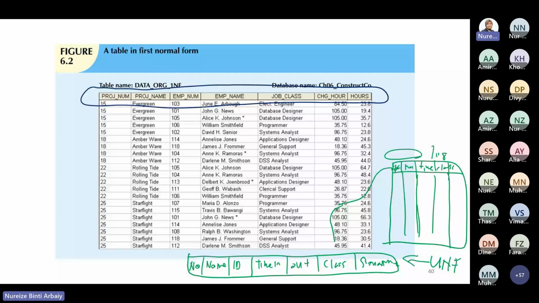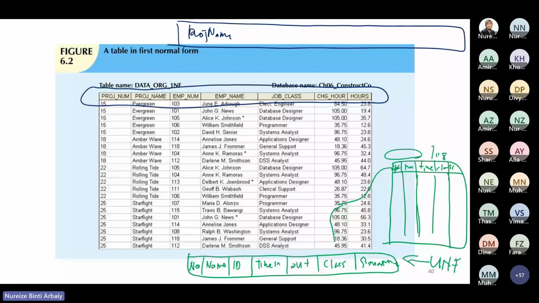So now we extract it into a database: project number, project name, employee number, employee name, job class, charge hour and hours. Sorry for my bad writing. So this is in a database form.